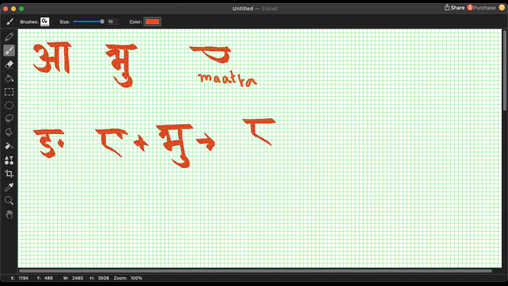First, we'll write the left part of the alphabet as the same. And if you see on the right side, you will not have this small line. Instead, you'll have this U kind of a shape. You'll bend it, lift it up, and connect it back. So the depth in this A matra should be seen very clearly. That's how you differentiate between A and A when you're writing this particular alphabet.